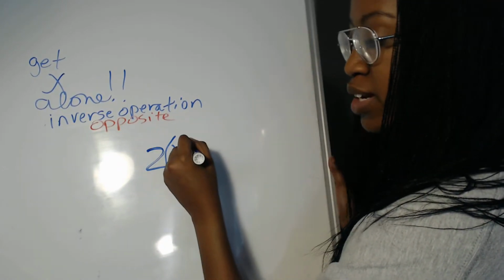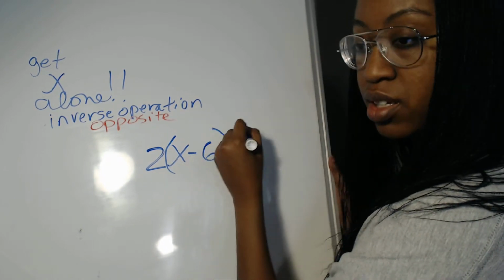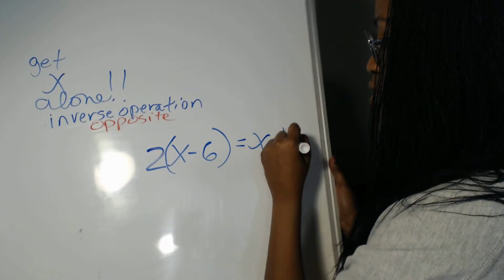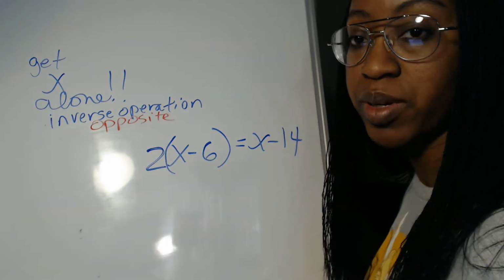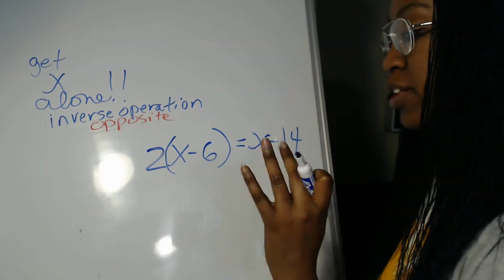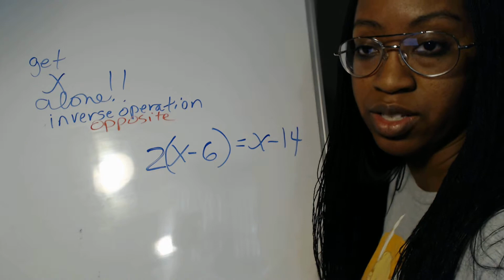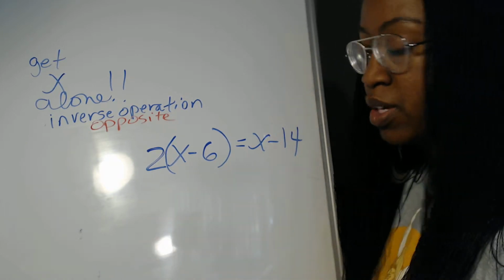2 times the quantity x minus 6 equals x minus 14. Alright, that's a little bit better. So, there are a couple of rules that we need to utilize with this problem.